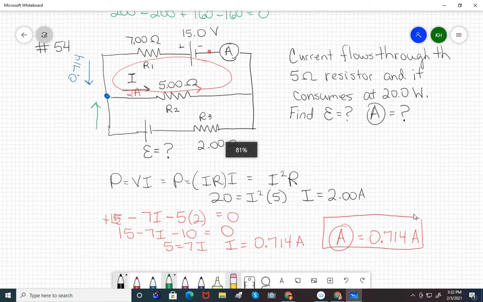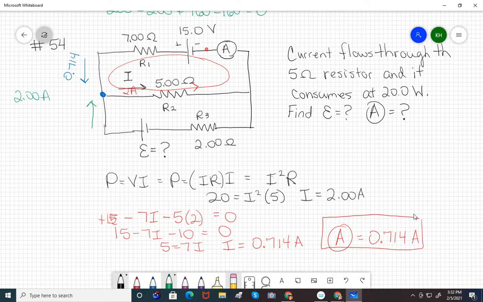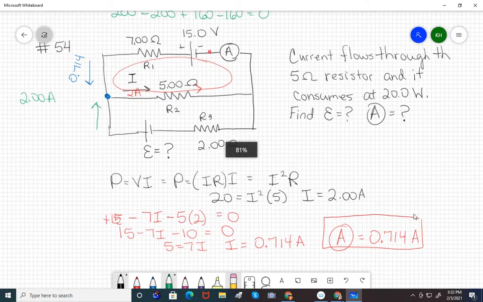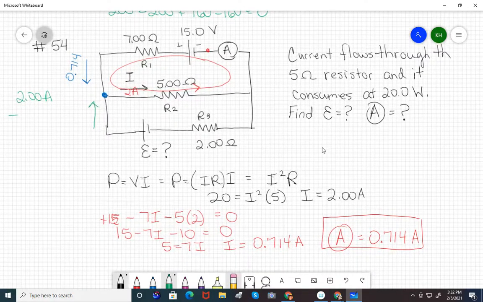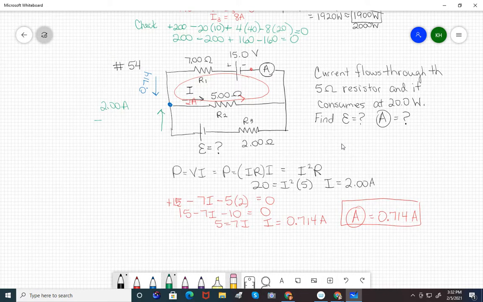If I do 2 amps minus 0.714, I get that this should be 1.29 amps. So this is 1.29 amps.